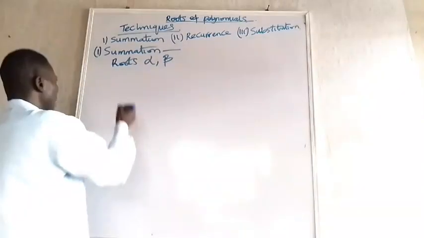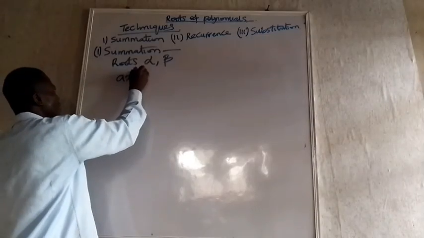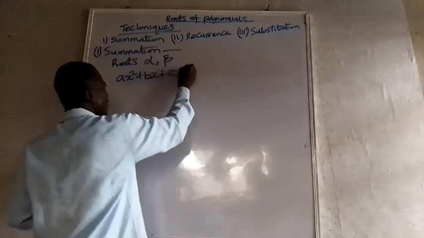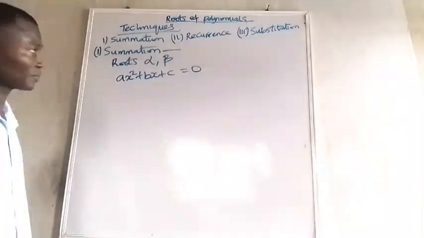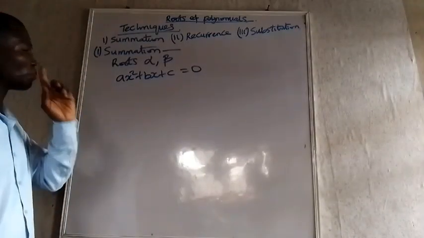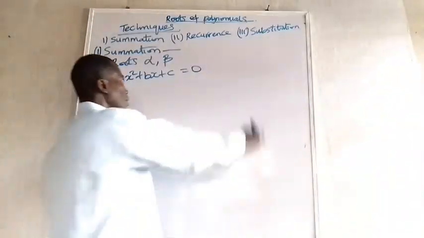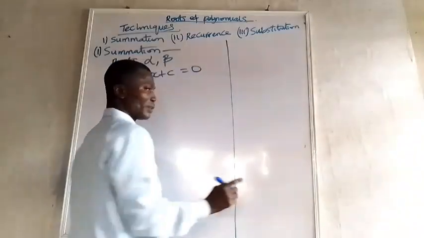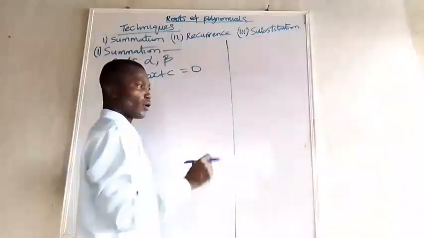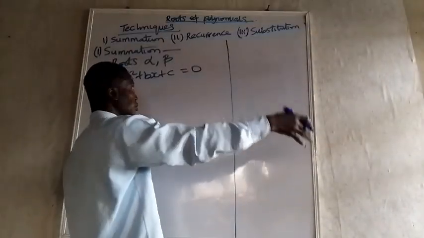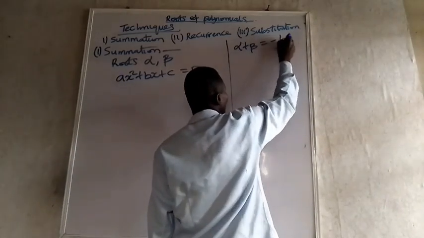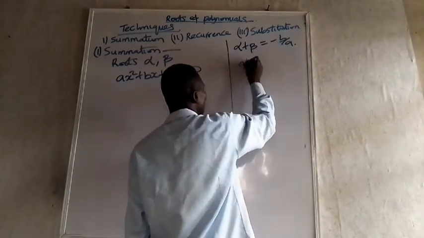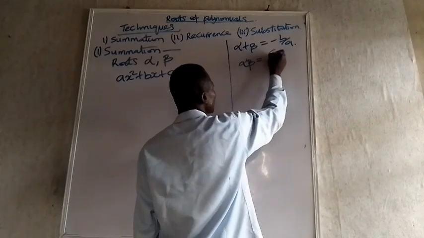Now let's say we have something like ax squared plus bx plus c equals 0, and we have the roots as alpha and beta. Please note, it is good you know these basic values which you have derived from summation. That is alpha plus beta is equal to minus b over a, and alpha beta is equal to c over a.